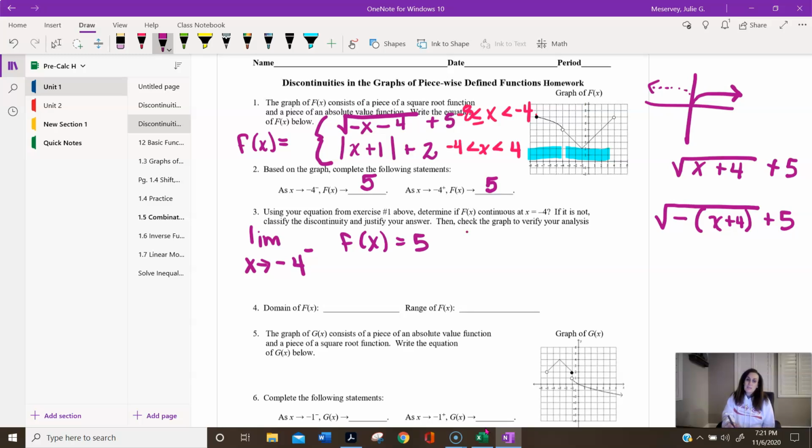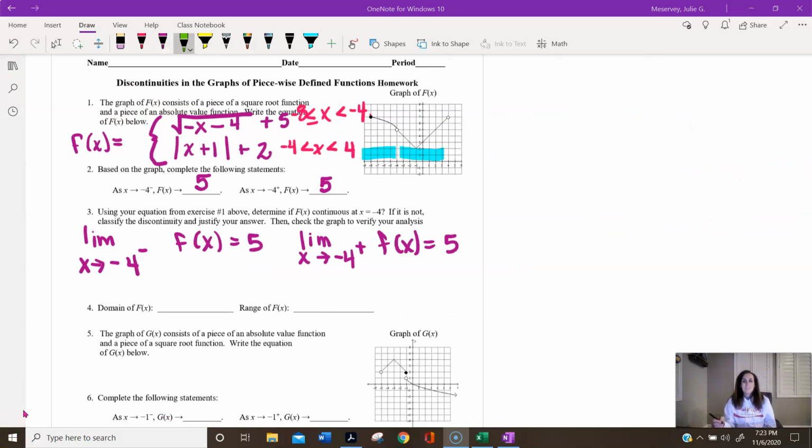The second part, the limit as x approaches -4 from the right, f of x equals 5. Since those points are the same, and because f of -4 is not defined, we know that there's a hole in the graph.